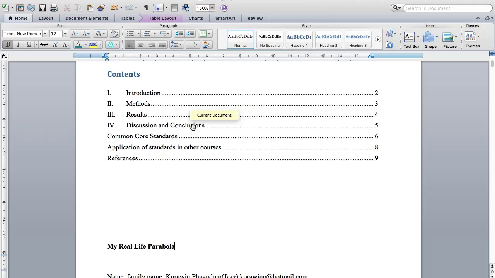The contents of this template are introduction, which I'll be talking about how I did it and what I've been through, the limitations, the methods, results, discussion and conclusions, common core standards, application of standards in other courses, and references.